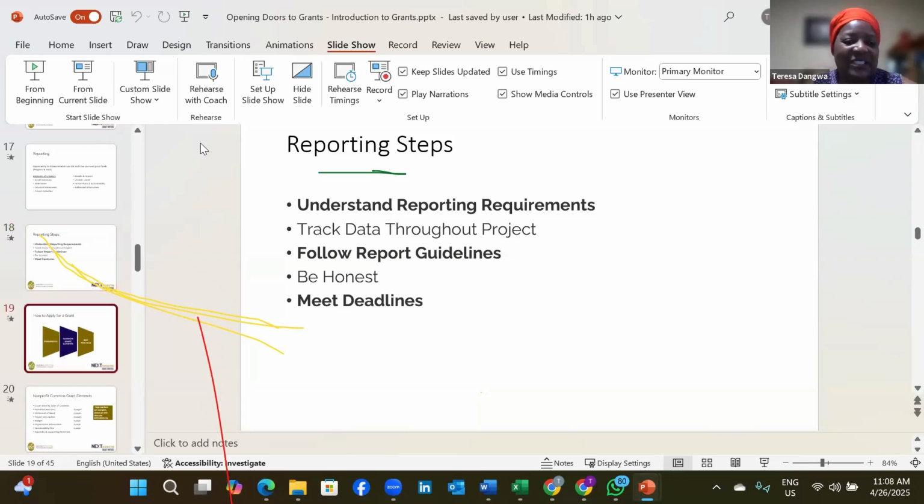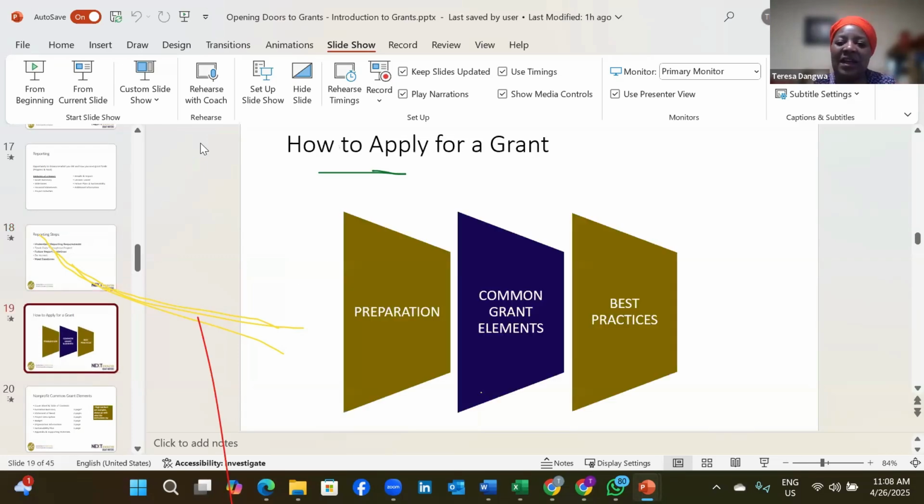Okay, the next one is how to apply for a grant. First, preparation is important. You need to prepare. You can't just wake up one day and be like, I'm about to apply for a grant. You need to put certain things in place before you even get into the program.